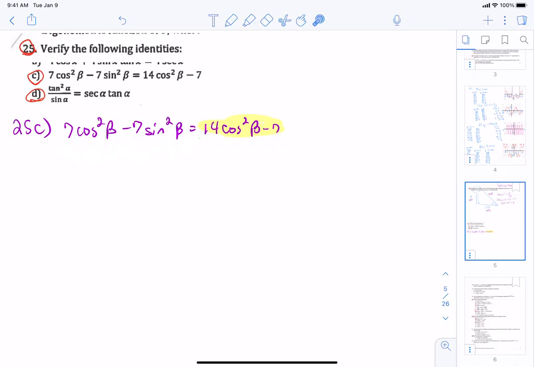So it's kind of like if I said, hey, simplify this, I'm going to tell you the answer is 14 cosine squared beta minus 7. So you know the answer. Remember, this is the answer. So how do we go about doing that? Well, some of the identities that are not on the board, but that you might want to write on your card, are the Pythagorean identities.